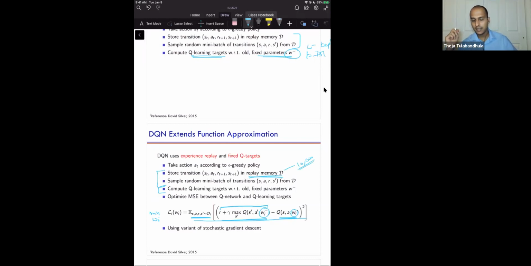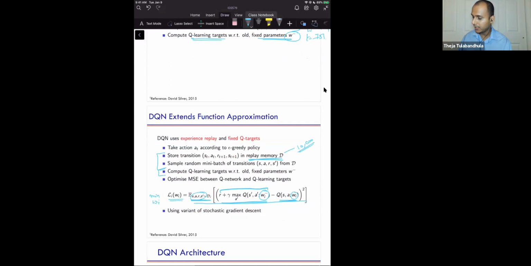When you sample some of these 4 tuples, you may not get a sequence of 10 successive ones. You may get tuples from various different time points in the past. So that approximates the IID nature which is needed to get rid of this oscillation. And then once you have this loss function, you can just use a gradient step to update the weights.